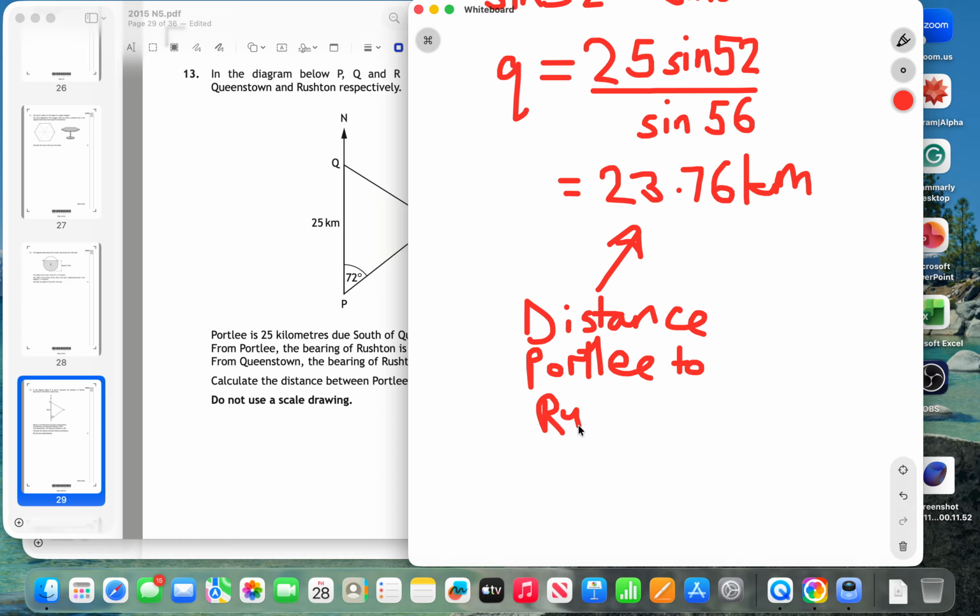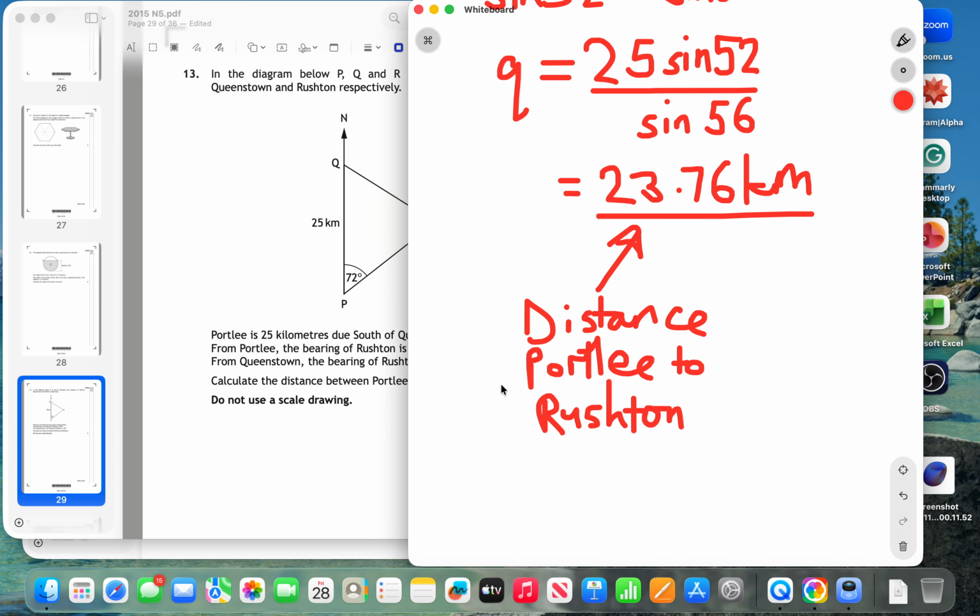It's just about knowing whether to use the sine rule or the cosine rule, and once you've got the pairs of sides and angles, it becomes clear that you have to use the sine rule. So that's the distance, and that's the answer that we need.